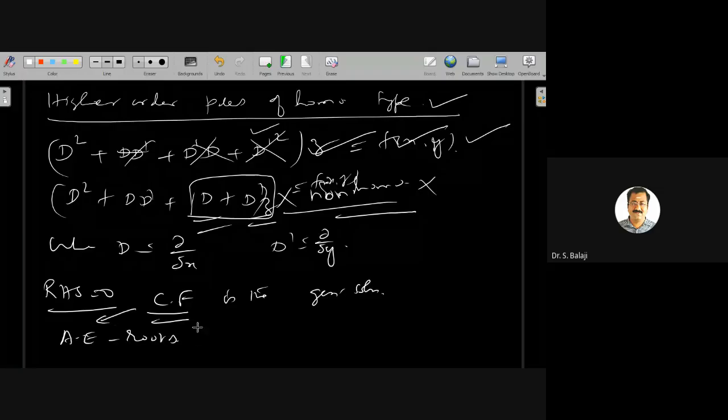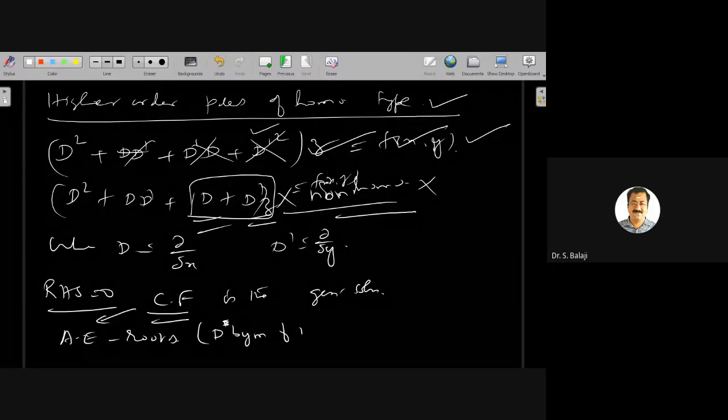The auxiliary equation is formed by replacing D by m and D' by 1, and equating to 0. The roots of the auxiliary equation constitute the complementary function. It is of the form phi1(y + m1x) + phi2(y + m2x) and so on.